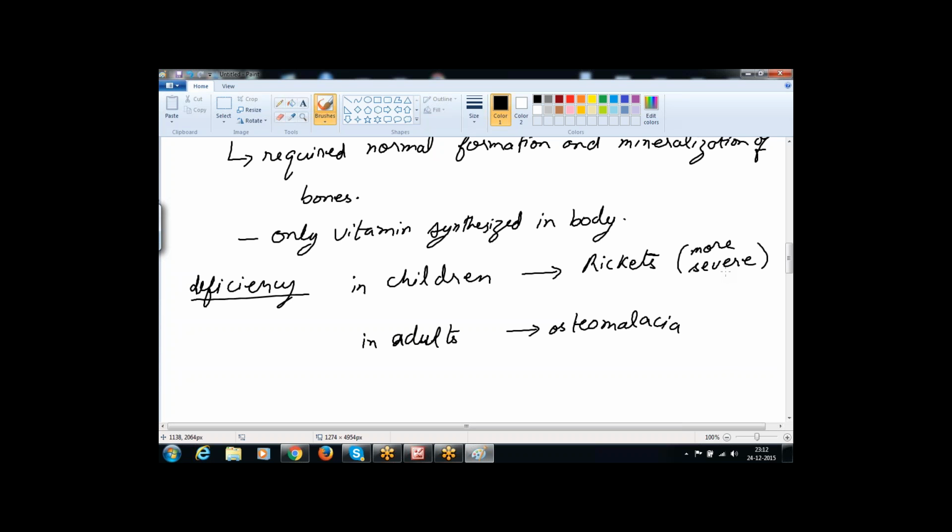But in children, once the bones are bent or the child is small, bones are deformed, even if you provide vitamin D, they cannot get back to normal. So the outcome of vitamin D deficiency in children will be much, much more severe because bones are still forming. That is why we've got a different name for children and adults.